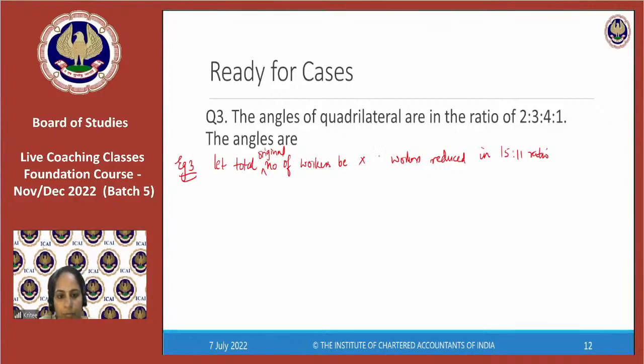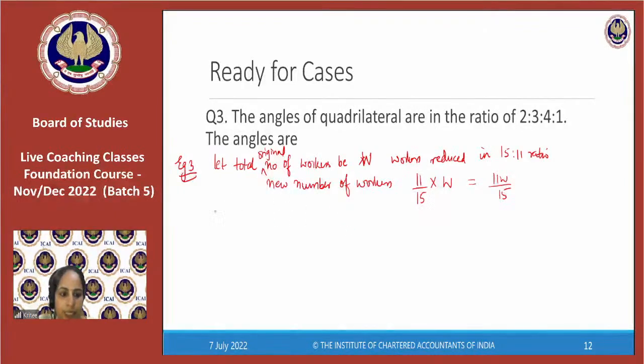It said if you are decreasing in the ratio 15:11, what will be your new number of workers? Your new number of workers would be the inverse of the ratio multiplied by the original. Okay, I'll not take X because X will be confused with the multiply sign. So let the original number of workers be W. So this is 11 by 15 times W. So the new number of workers for you would be 11W by 15. That's it. This part of the story ends here.